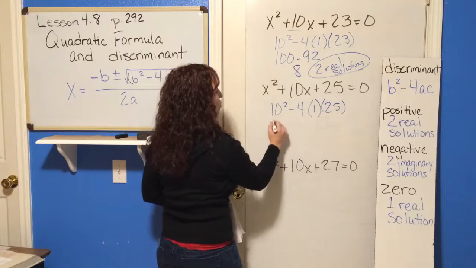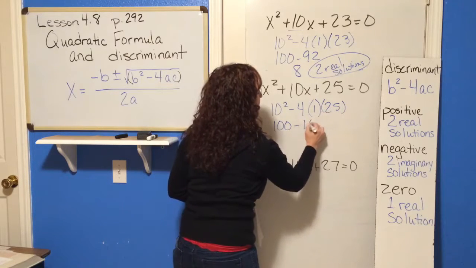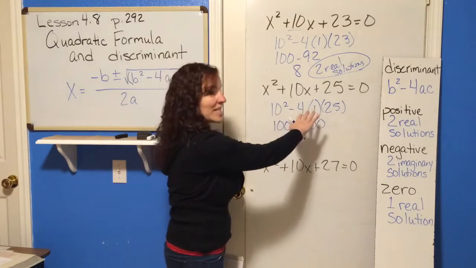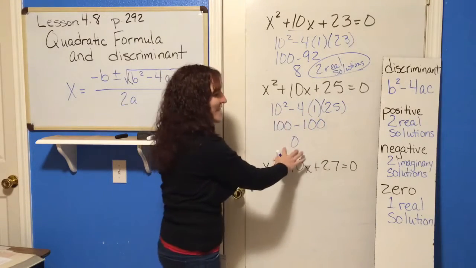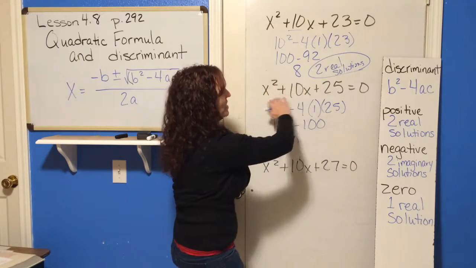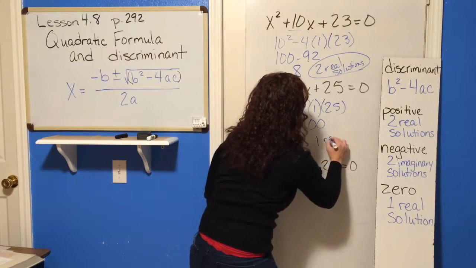So now you have 100 as 10 squared minus 4 times 25 is 100. So your discriminant is 0. So this equation will have one real solution.